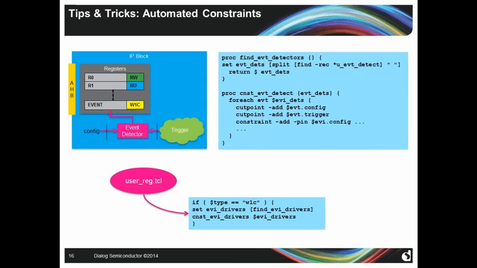Another issue that we had with the flow was the application of constraints. We had some auxiliary logic which is associated with the write one clear behavior of some of the registers. So we have essentially a bit of logic which is at some unknown place buried deep in the DUT somewhere. It wasn't consistent; designers were using it in different places.